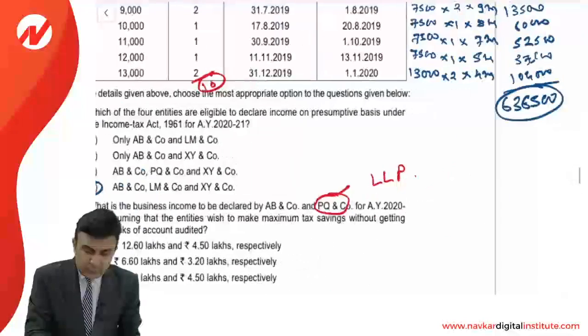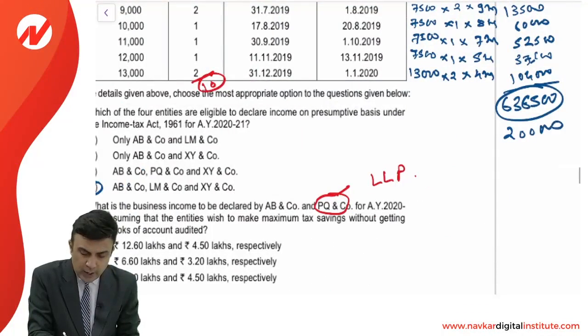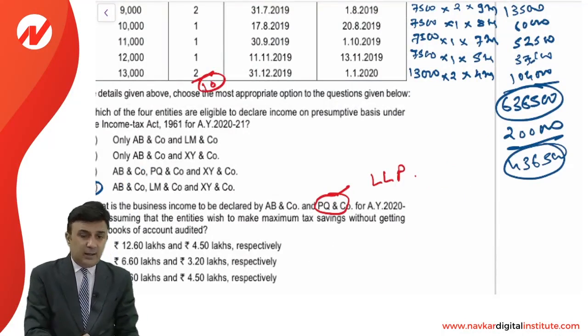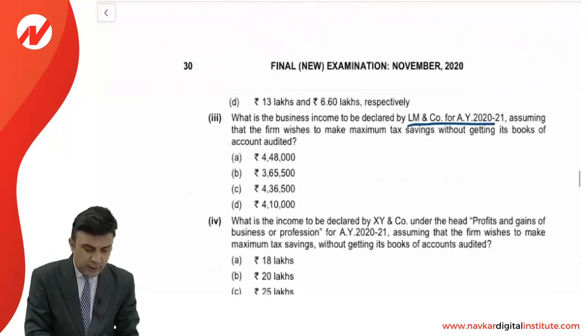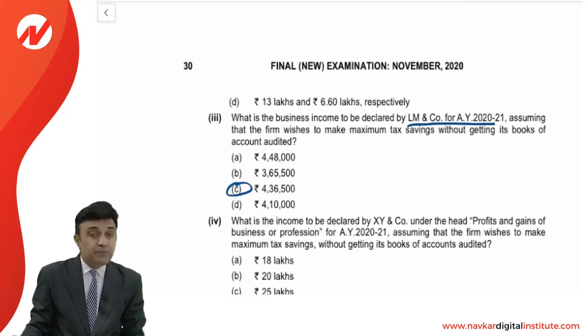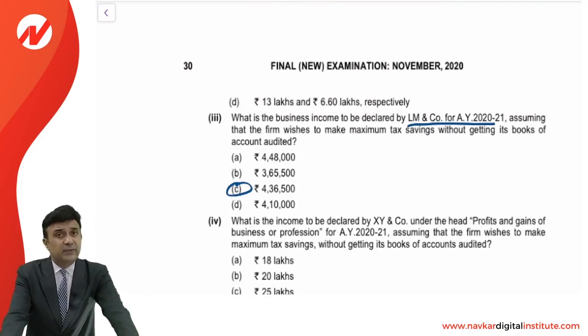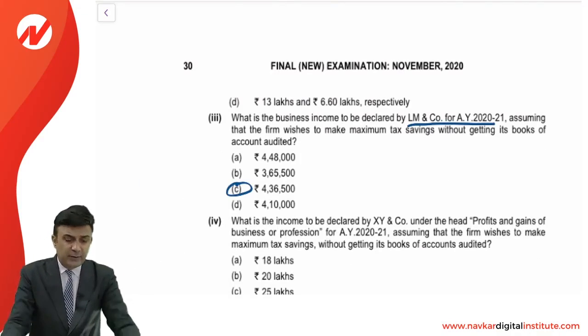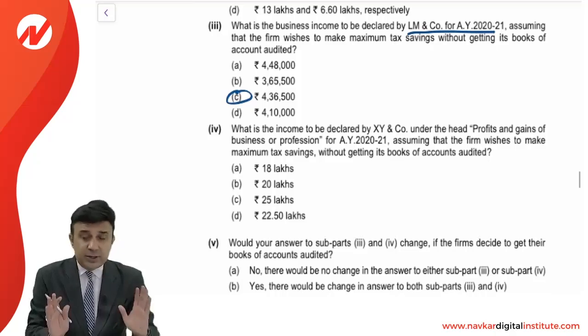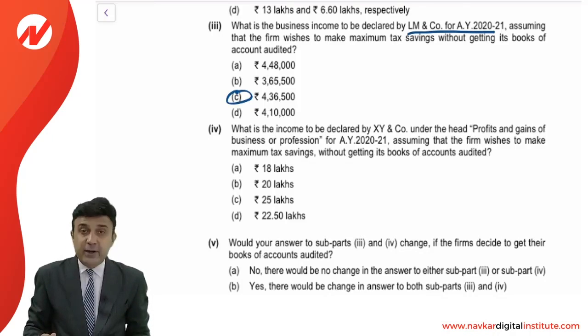So from the same you would be able to get 2 lakh rupee expenditure deductible. This would give me 4,36,500. So your answer is going to be C over here, 436,500. You need to check, friends, and understand how this answer is derived.